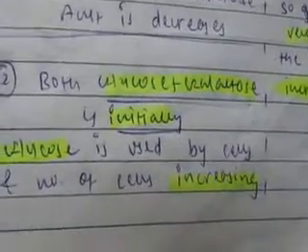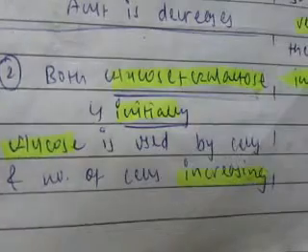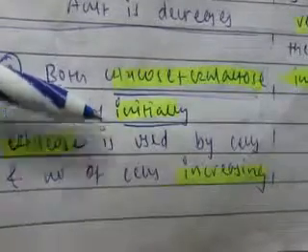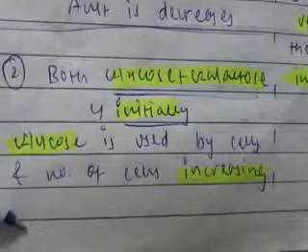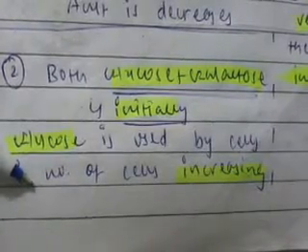Now in the second condition, when both glucose and galactose are present in the medium, initially obviously glucose is the most favored carbon source for Escherichia coli, right? Glucose is used by the cells and the number of cells normally increases via cell proliferation.